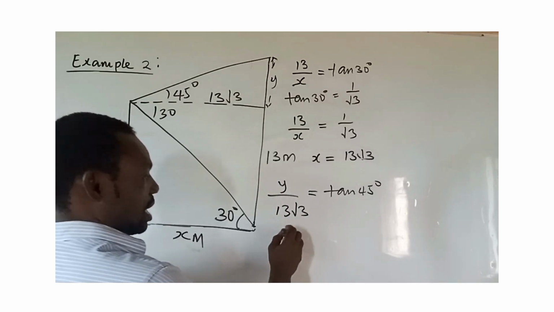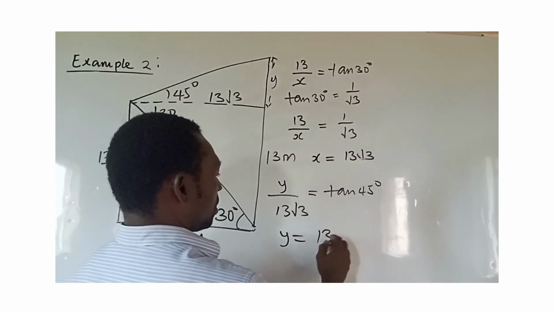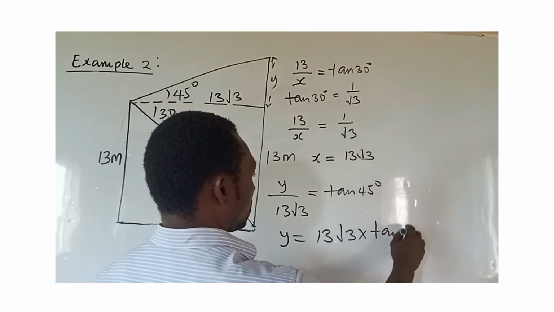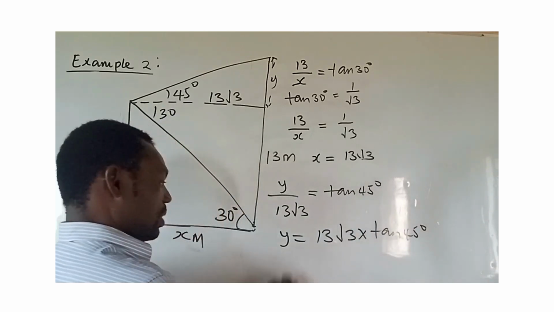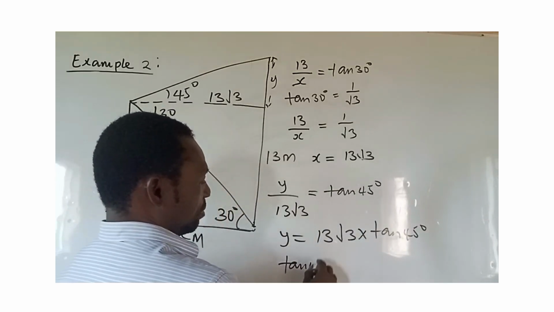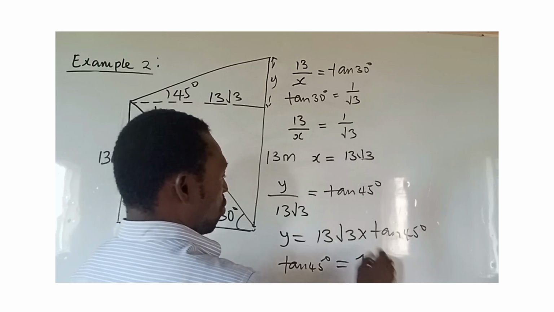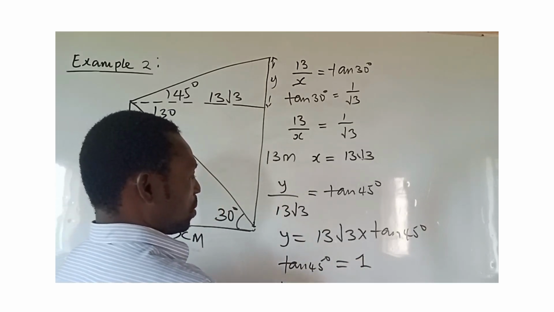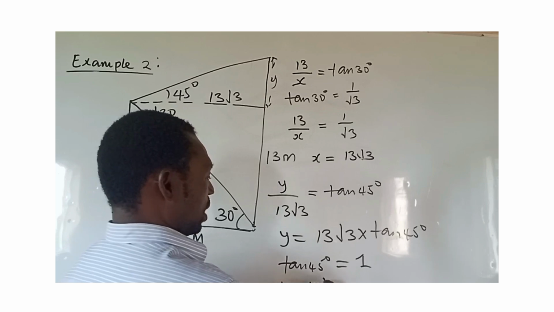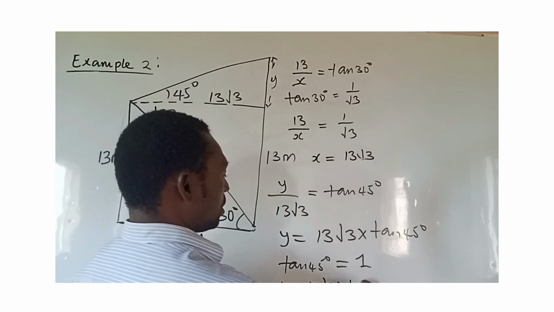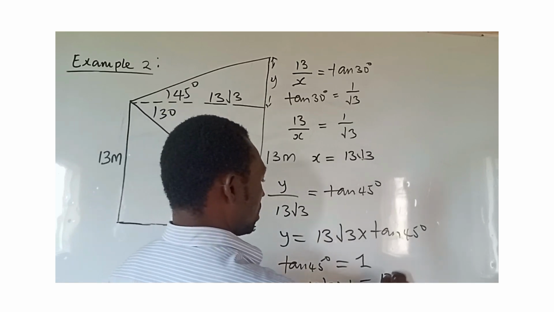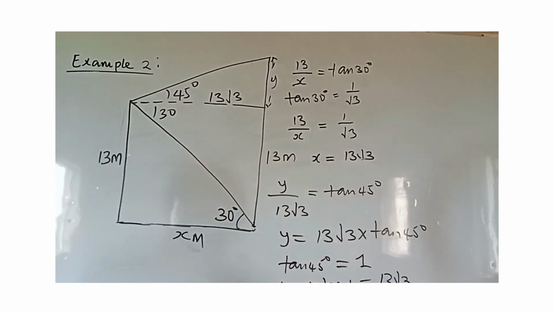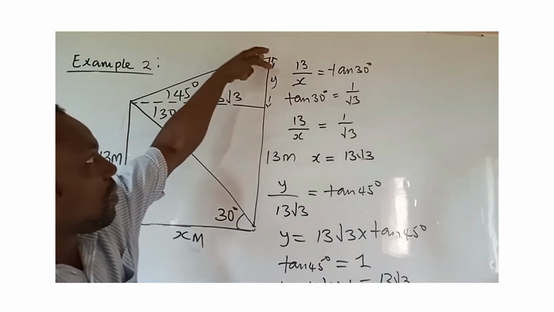So y is equal to 13 root 3 times tan 45 degrees. We know that tan 45 degrees is equal to 1, so y will be equal to 13 root 3 times 1, which is equal to 13 root 3. That is the value for y.